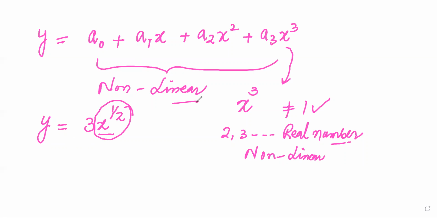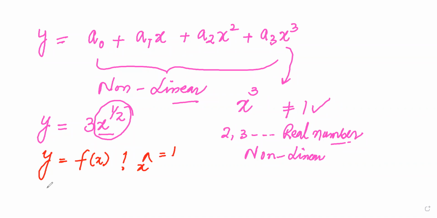So when we classify equations as linear and nonlinear, we can simply say that in the case of linear equations, y is a function of x and the power of x is equal to 1.